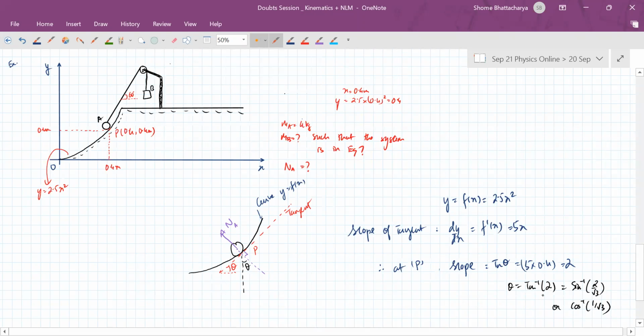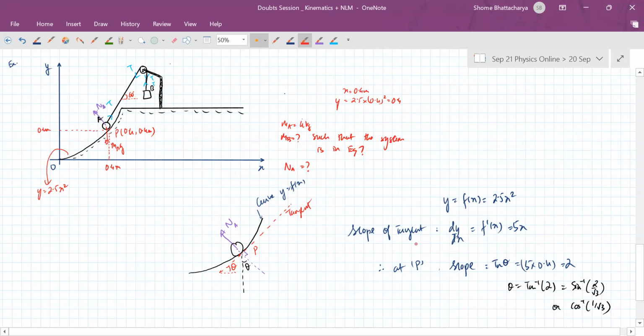Okay. So now next thing you do is you make A's free body diagram. So understand that in A's free body diagram there is tension also acting. Okay. And there is normal reaction acting. And there is A's own weight acting. Okay, so these three forces only because it's a smooth surface. Now see here that the tension is not acting parallel to the surface.